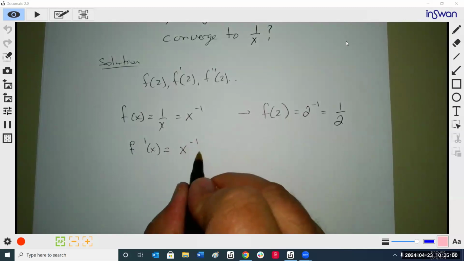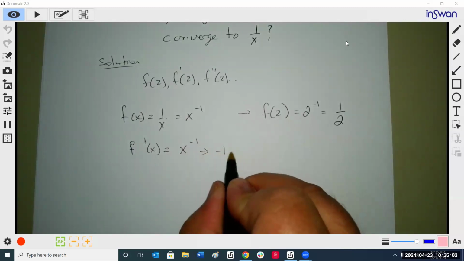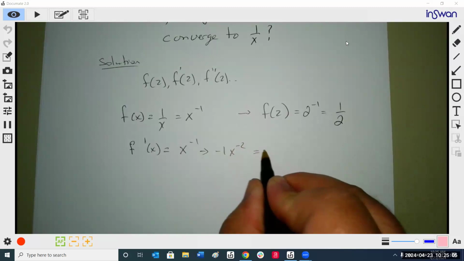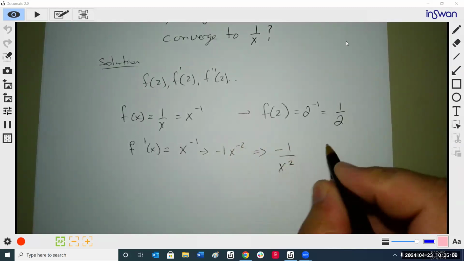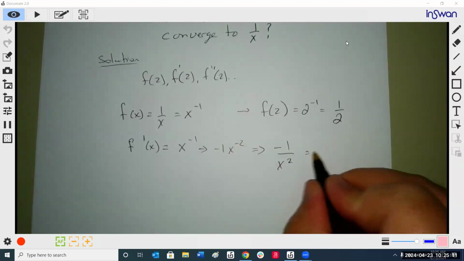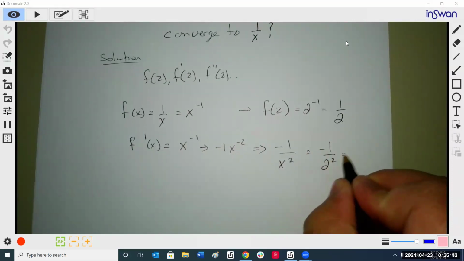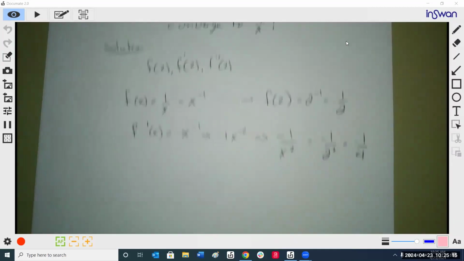If I take the derivative of this, negative 1 over 2 squared is negative 1/4.